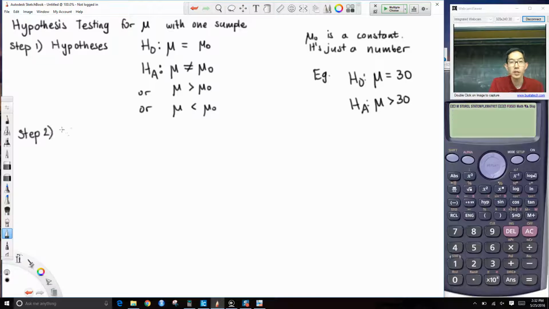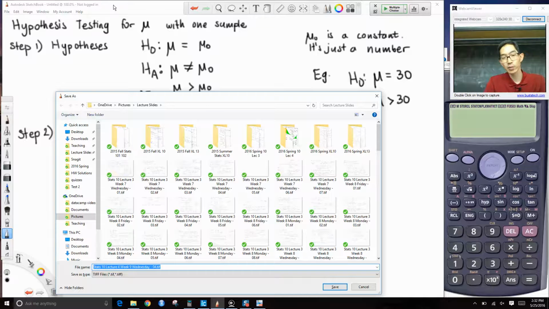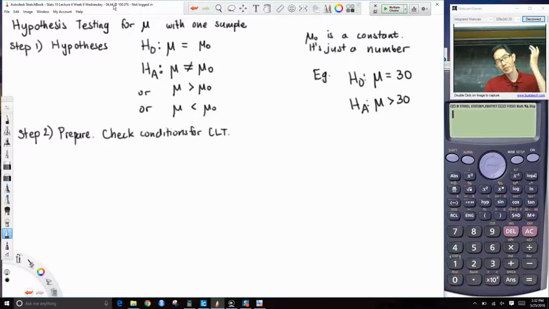Okay, step 2 is our preparation step. So here we would check our conditions. I believe I already covered the conditions for using the central limit theorem with a numeric variable. Pretty much exactly the same as checking the conditions for categorical variables, except now we don't use np.